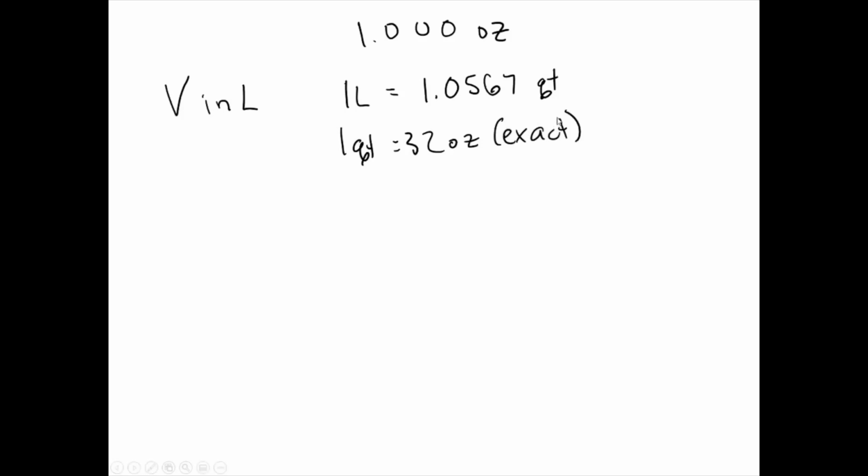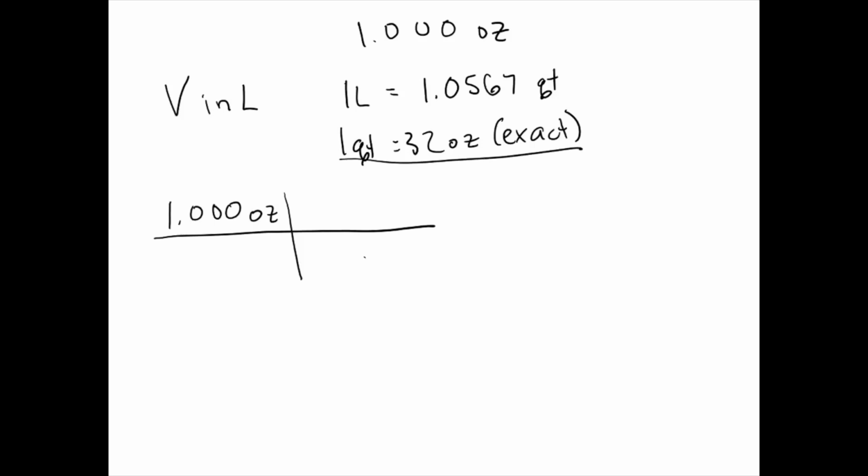Okay, so let's look at what we're starting with, ounces. And based off of what we're given, we can go ahead and go from ounces to quarts. Okay, and we want ounces on the bottom. We need to get rid of it. So 32 ounces goes on bottom. Quarts goes on top. And then we can go from quarts to liters.